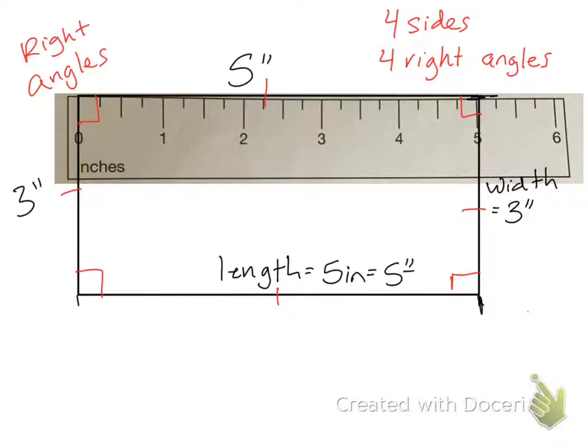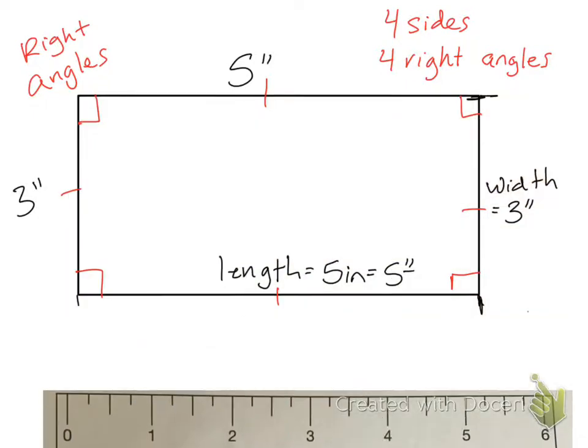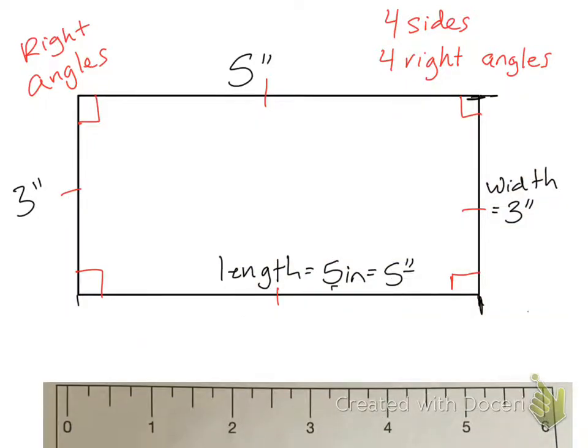So on a rectangle, the 2 longest sides, or the 2 lengths, are the same, and the 2 widths are the same. So we have 4 sides, and the opposite sides are the same. Okay, that's what we've learned so far.